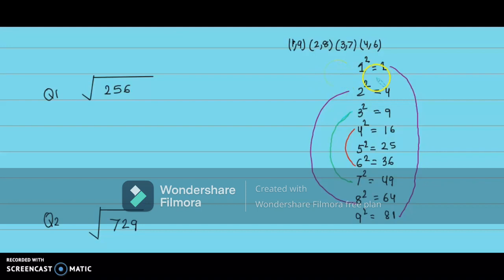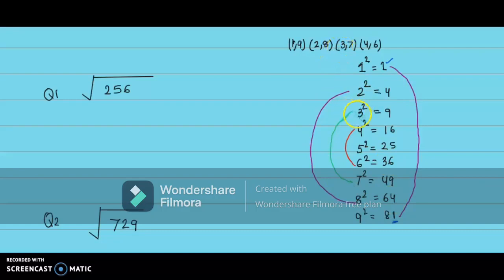Now you will notice the square of 1 is 1, 2 is 4, 3 is 9, and likewise. You will also notice that the square of 1 and 9 ends in 1. Similarly, the square of 2 and 8 ends in 4.